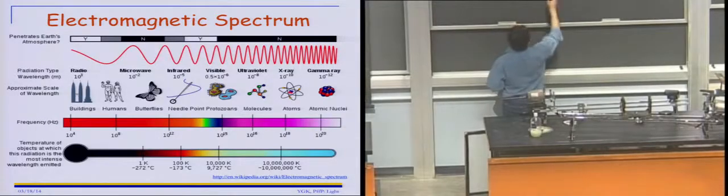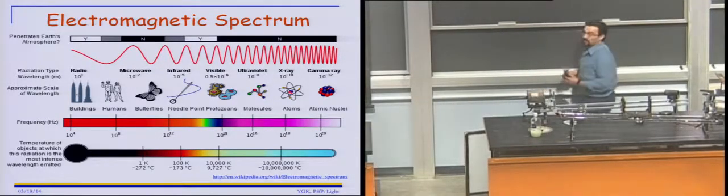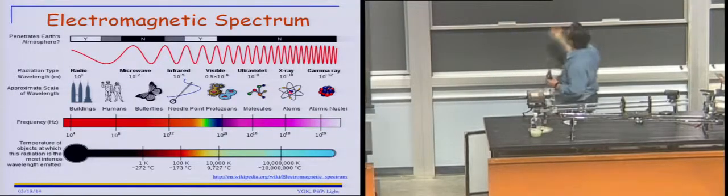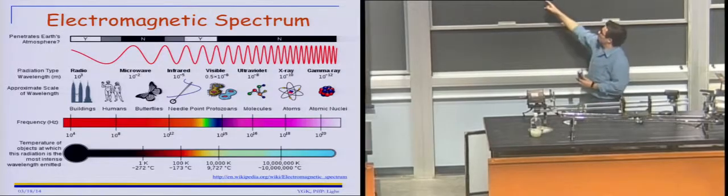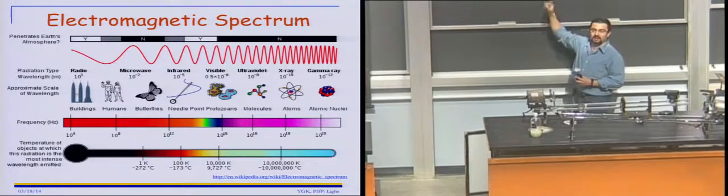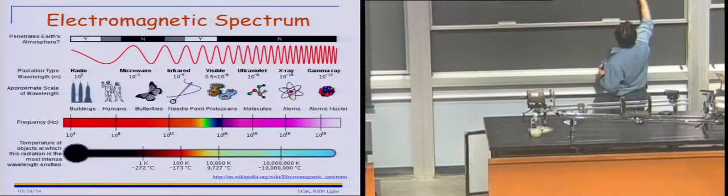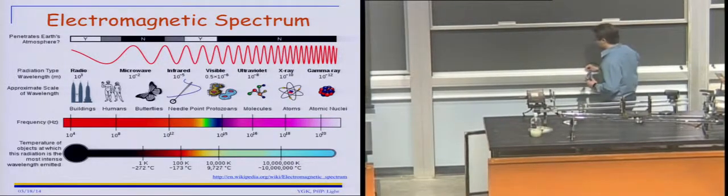Frequency and wavelengths are related by the following formula. You take the frequency, multiply it by wavelengths, and you get the speed of light. So wavelengths and frequency are reciprocals of each other, inversely proportional. I can rewrite this equation and say wavelength is the speed of light over frequency.